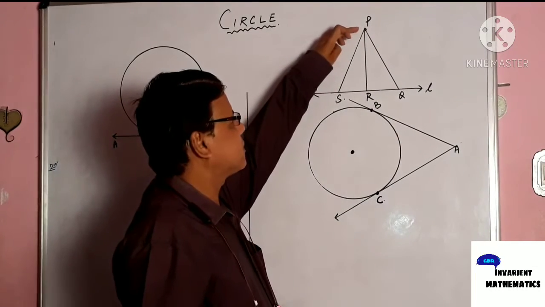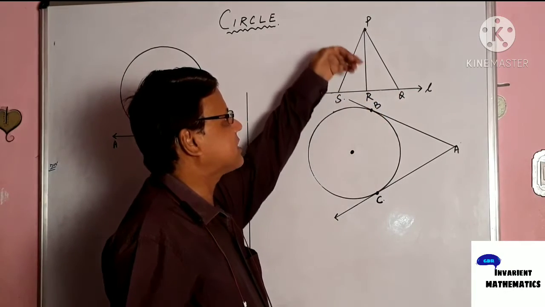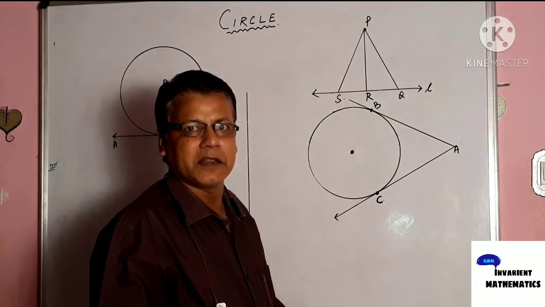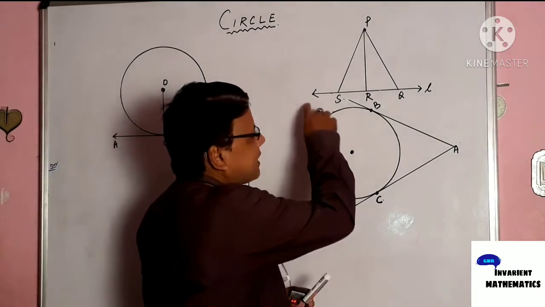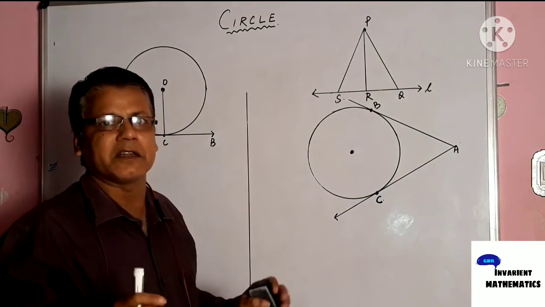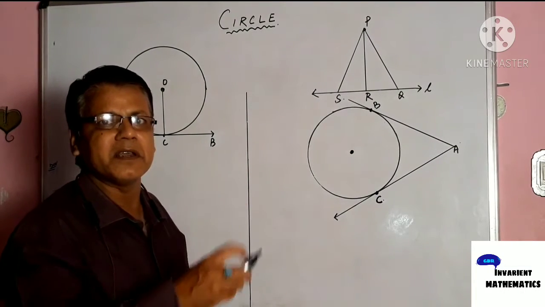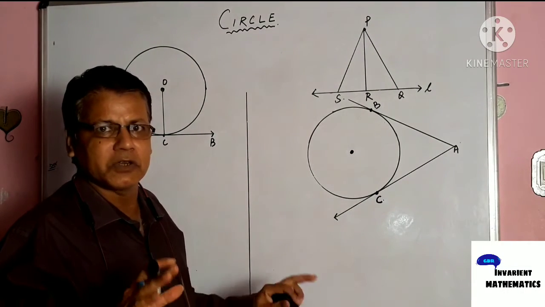From a point, which distance is considered as the distance between the point and the line? I am taking here a line L and a point P, not lying on the line. I want to find out the distance between P and L according to the theorem.